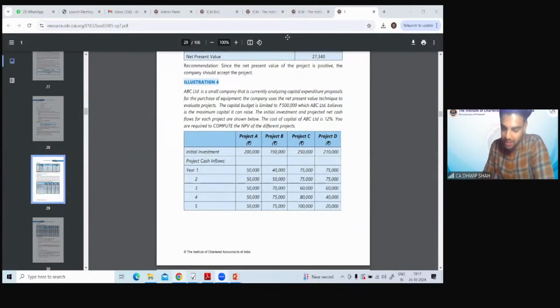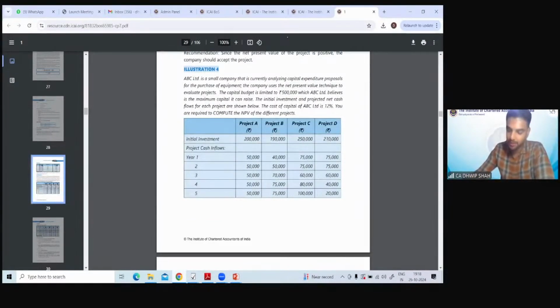ठीक है, let's try to solve Illustration number 4. ABC Limited is a small company that is currently analyzing capital expenditure proposals for purchase of equipment.